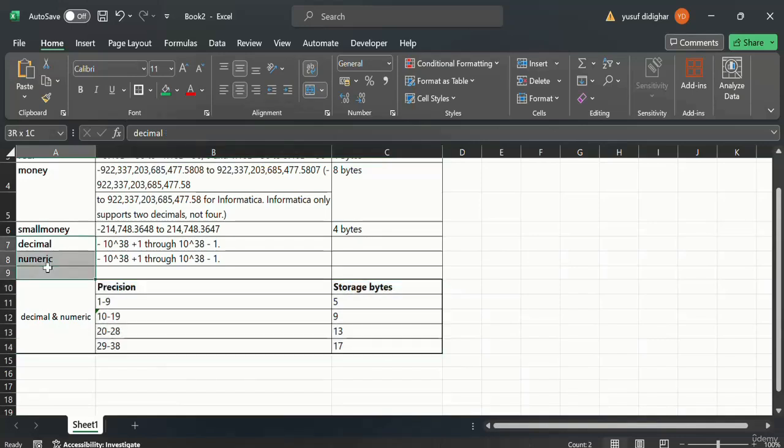Both these data types have the capacity to store a maximum of 38 digits of precision, but they don't take the same storage space for all of them. If you have a precision of 1 to 9, it will only take 5 bytes. 10 to 19 digits will take 9 bytes. 20 to 28 will take 13, and 29 to 38 will take 17.